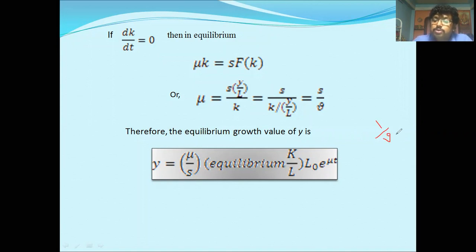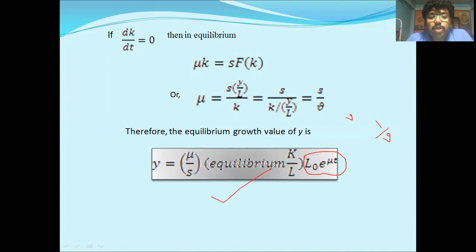What is nu? Nu is the capital output ratio. And what is 1 by nu? Output per capital. So this is the output per capital, this is the equilibrium capital labor ratio, and this is the total labor. And so the equilibrium growth value of y is this.